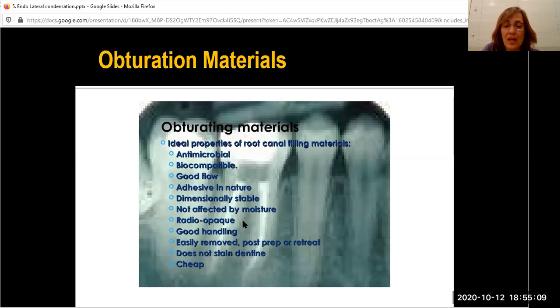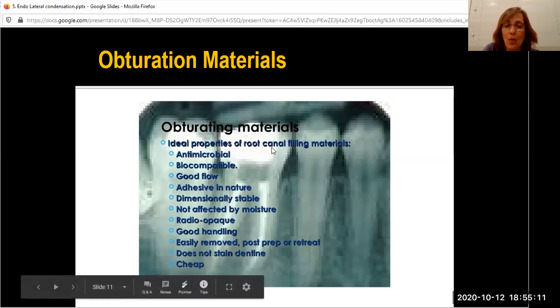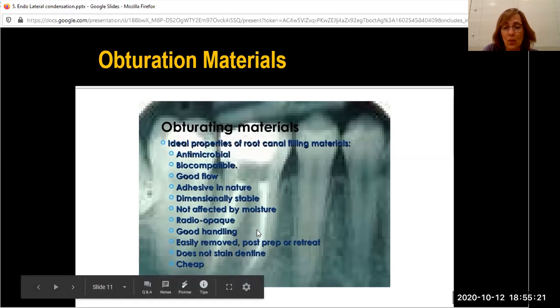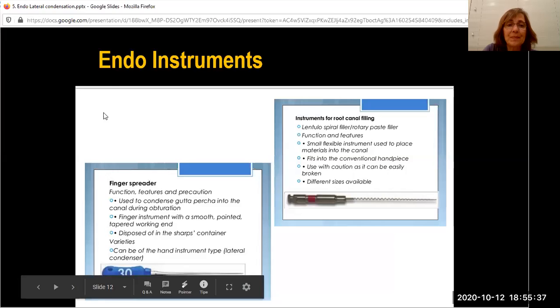Dimensionally stable, not affected by moisture, although we are going to limit the amount of moisture that is in the canal. Radiopaque, obviously, when you take an x-ray, you want to be able to see where it's present. It has to have good handling qualities, be easily removed just in case you need to retreat it, not stain, and be fairly inexpensive as a material.